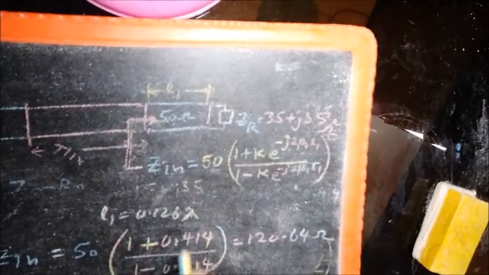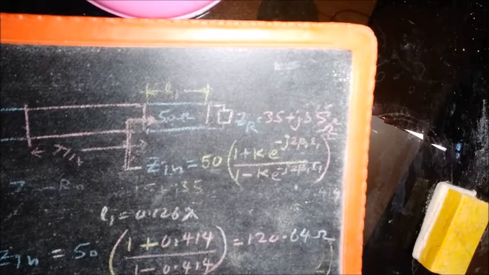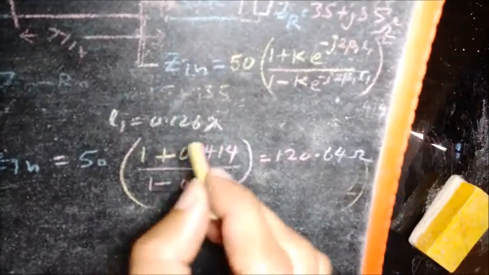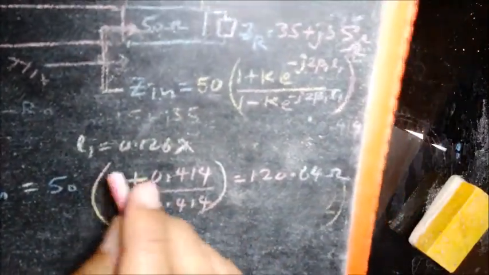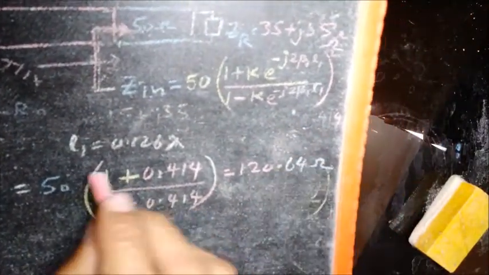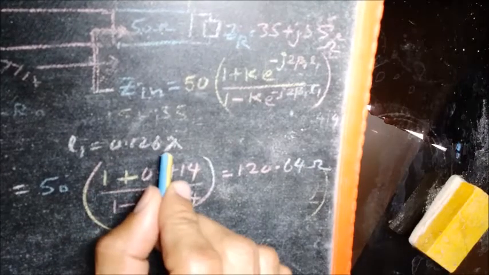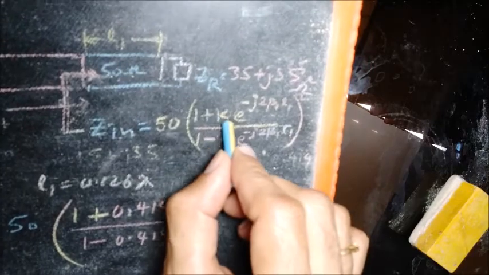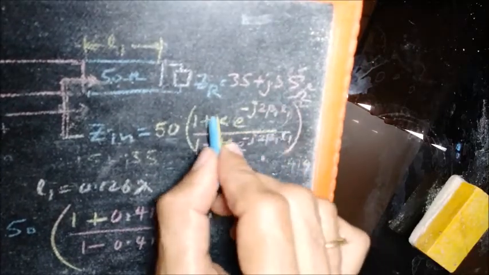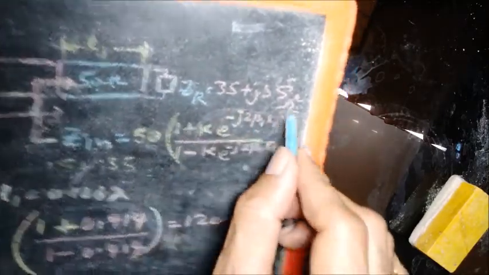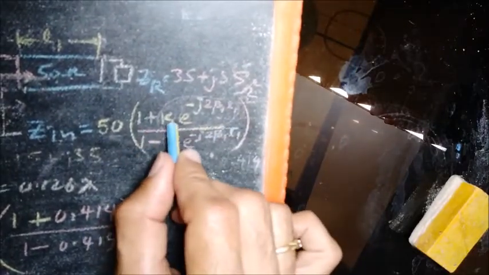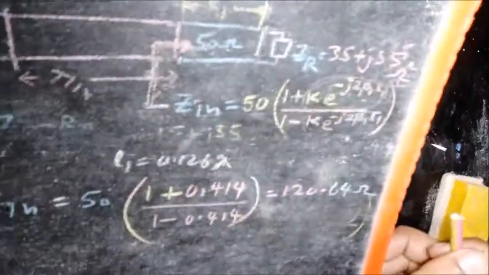And in fact, the whole exercise, a short while ago, what we did, we arrived at L1 equal to 0.126 lambda. The whole exercise was to make Zin purely real, and we have achieved it. Because by adjusting beta 1 L1 as equal to 0.795, or L1 as equal to 0.126 lambda, we have been able to convert this part into a purely real number. That purely real number is nothing but the magnitude of K, which is 0.414.